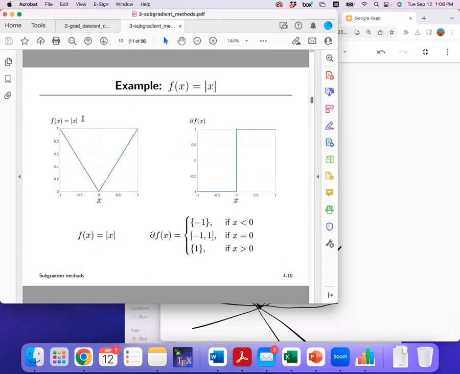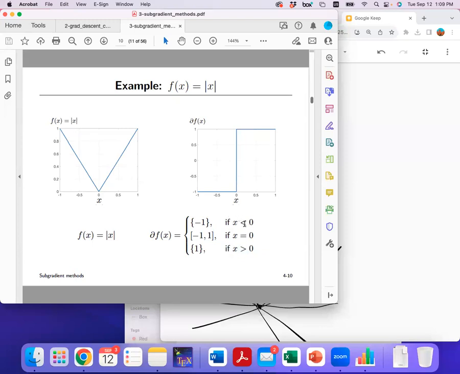For example, in this one-dimensional example, f(x) equals the absolute value of x. So we have this graph of this function. Now, what is the subdifferential of this function? Well, if x is less than 0 or greater than 0, on the left or on the right-hand side, the function is differentiable, right? The only non-differentiable point is at the origin. So in these two cases, the subdifferential is simply the derivative.